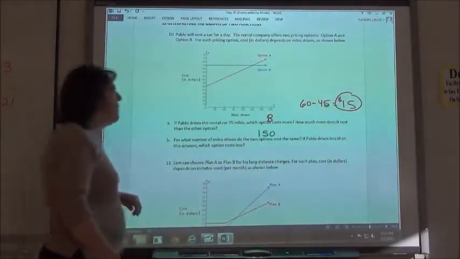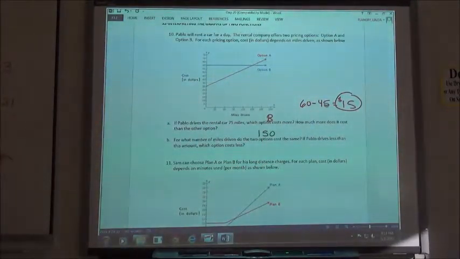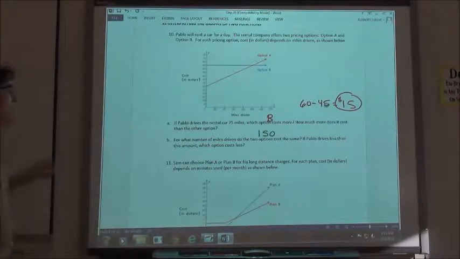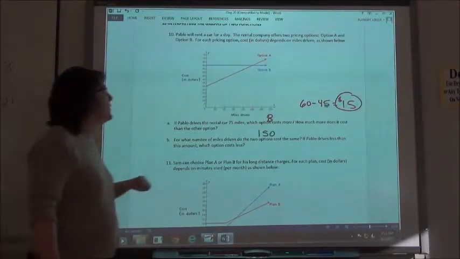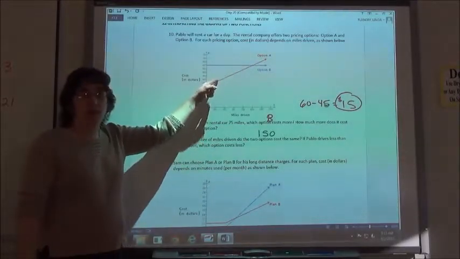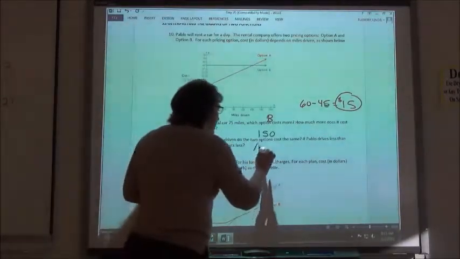Then it says if Pablo drives less than this amount, meaning less than the 150, so pick anything less than 150. Maybe you just want to do 60. Which one costs me less at 60 miles? Option A. Option A is going to cost me less, right? Option A.